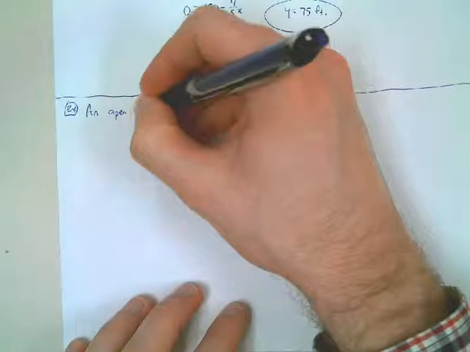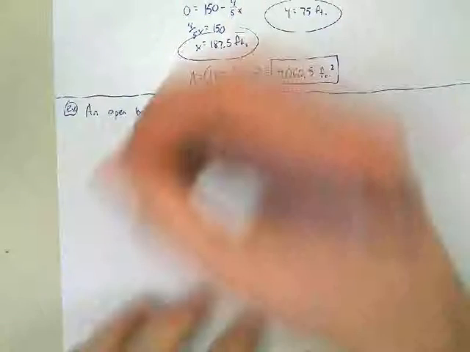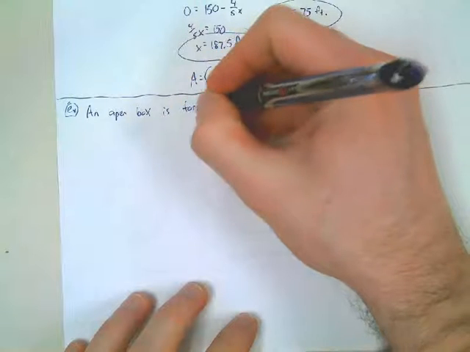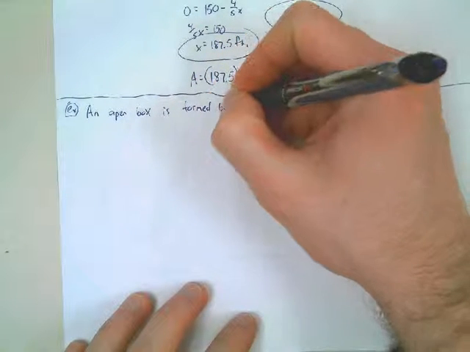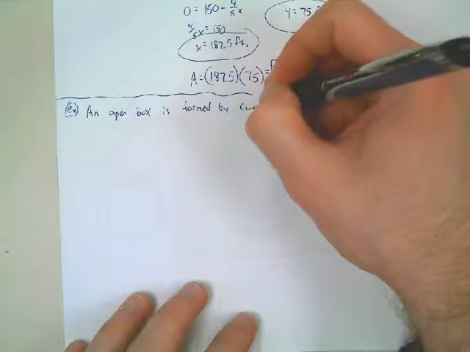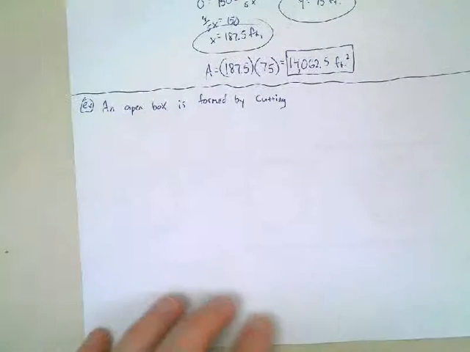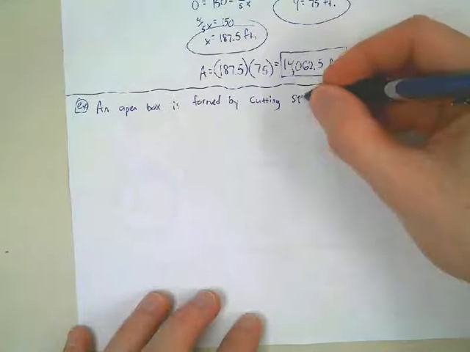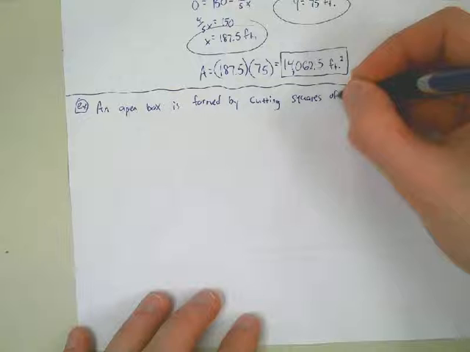An open box is formed by cutting squares of equal size. Actually, it's an open-topped box, but anyway.